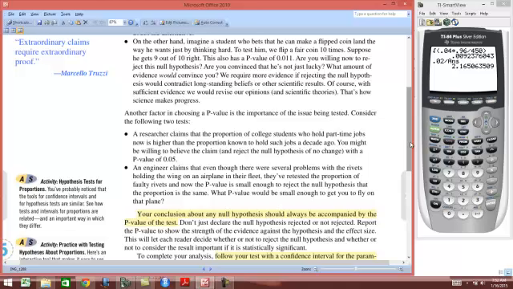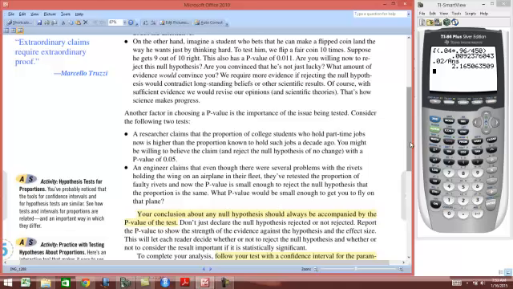Okay, so another issue is the importance of what you're testing. Testing whether the proportion of students who hold part-time jobs has changed. Okay, I mean, that's important, but it's not life-threatening. You'd probably be okay with a p-value of 0.05 or less.